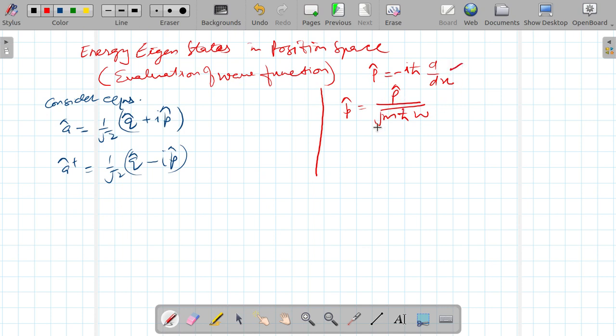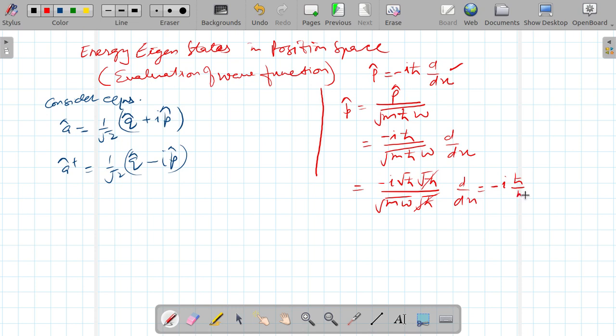So if I substitute this value here, then it will become minus iota h cross over the root of m h cross omega, d upon dx. This can be modified to minus iota h cross into h cross divided by m omega into h cross, d upon dx. This will cancel out, and it is minus iota root of h cross over m omega, d upon dx.